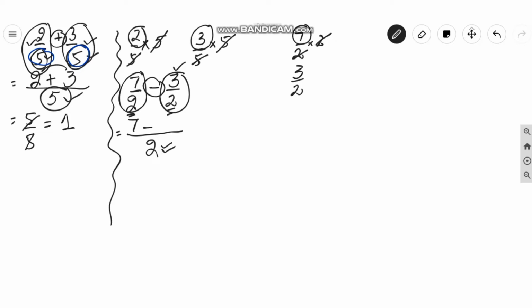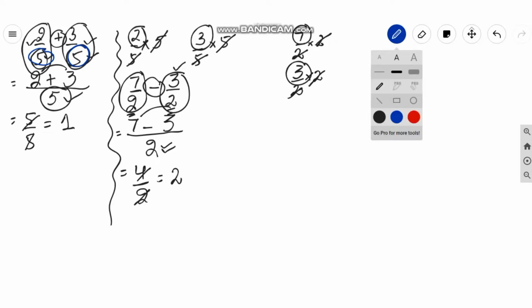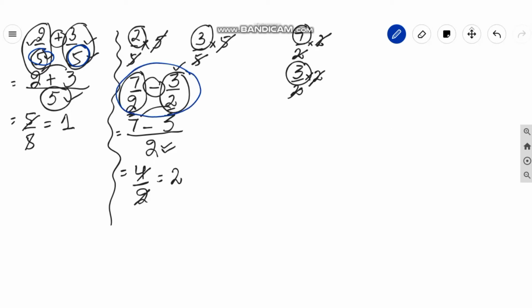Multiply it again with the number written here, which is 2. 2 is cancelled. Now the remaining answer is 3. Now subtract these two numbers. The answer is 4 by 2. Now the answer in the simplest form is 2. In this way you can add or subtract two fractions having the same number in the denominator.